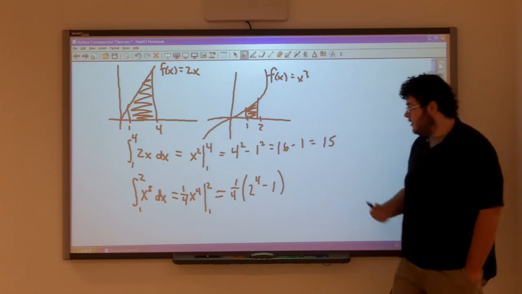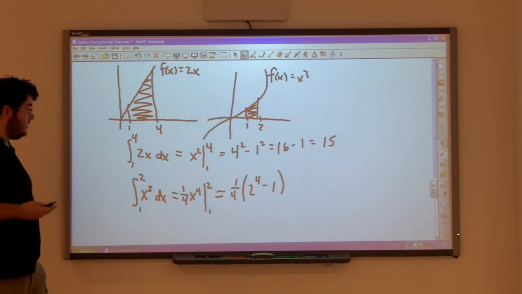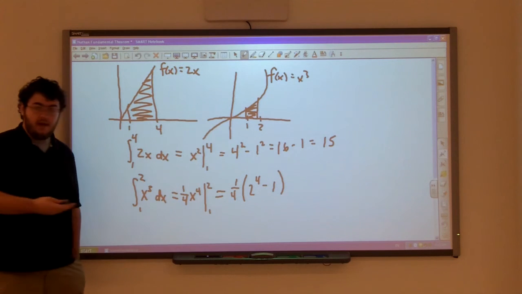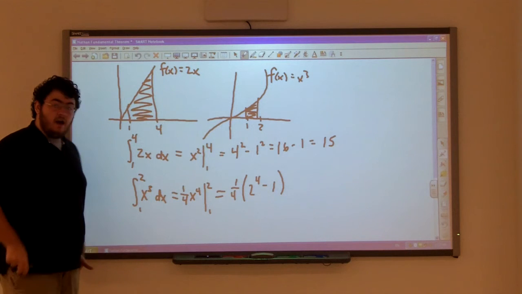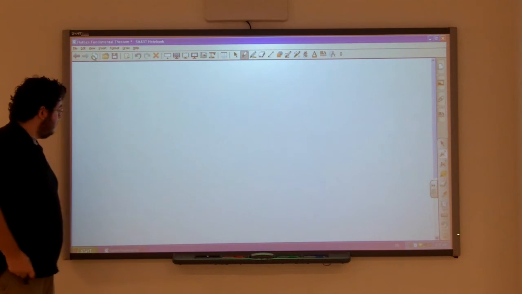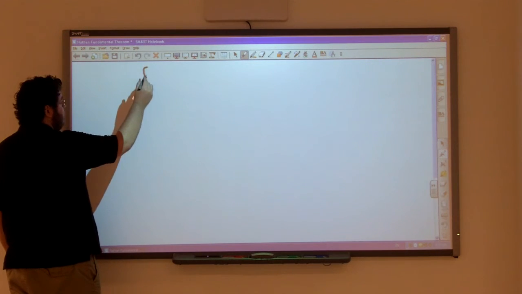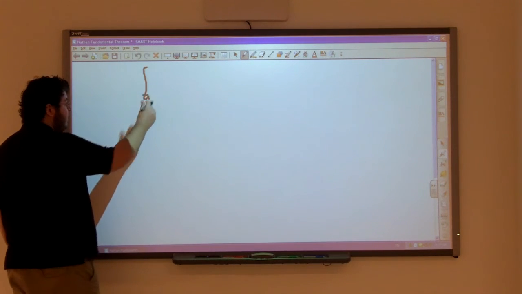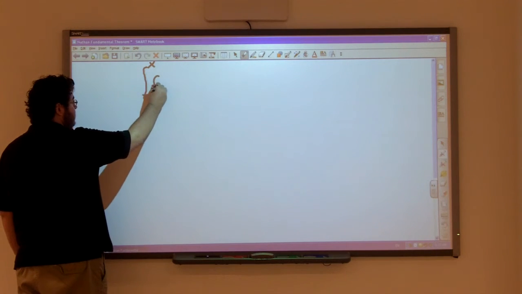Okay, so now that we've seen how to do antiderivatives and how to do these integrals, which we evaluate on bounds, let's look at a slightly trickier example to get the other part of the fundamental theorem of calculus. Let's say I wanted to evaluate the integral from any constant a to x of some function.